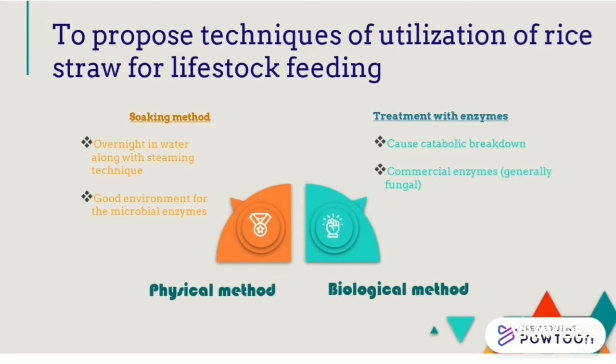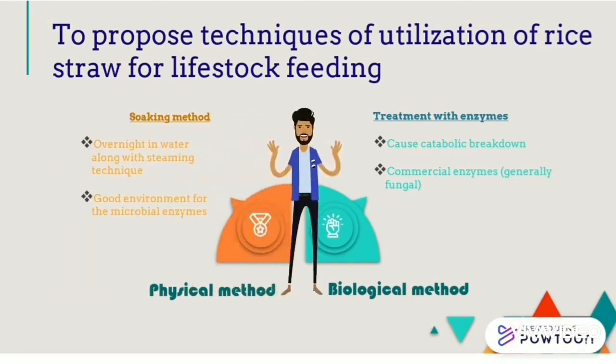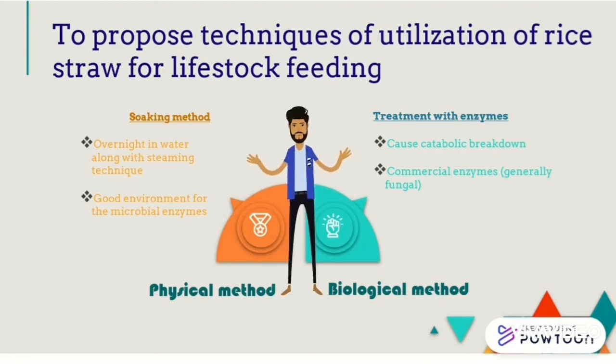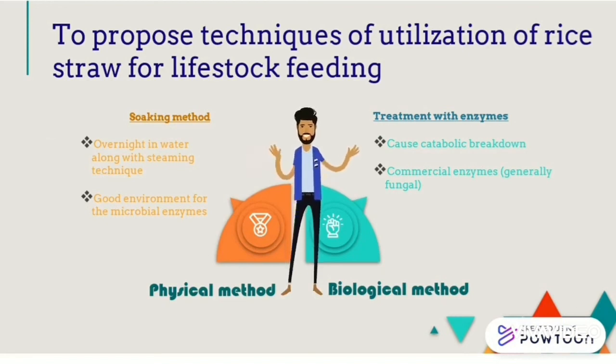It helps the cellulose component and lignin to become soft, so it will be easy to digest. The second method is the biological method, which needs the use of enzymes. In this process, there is a catabolic breakdown of complex substances into their simplest components. It is really costly and recommended for large-scale industries.